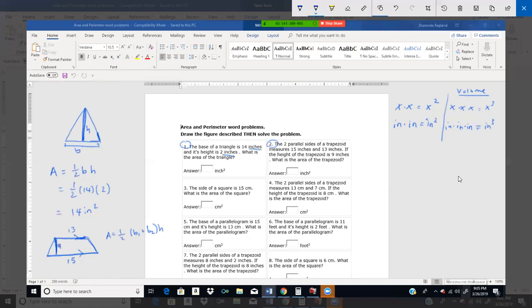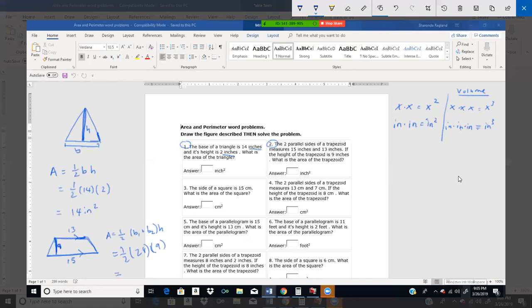The formulas are included at the back of your textbook. It probably has the h in the front, so 1/2 times h, and then times the sum of the bases. So we have 1/2 times 28, and then times the height.